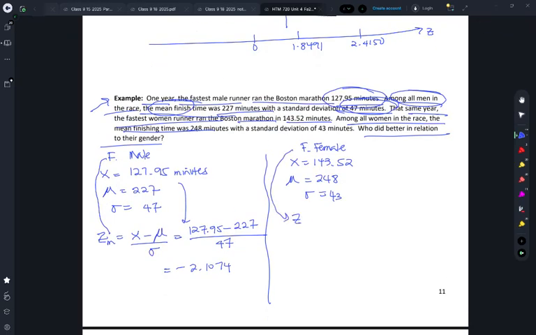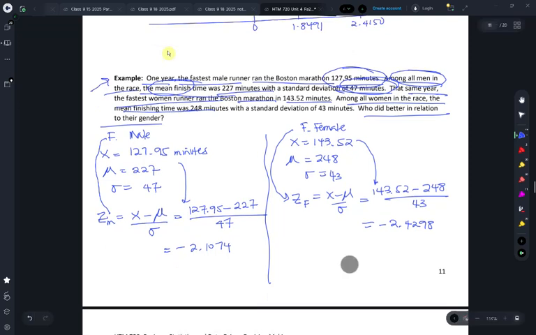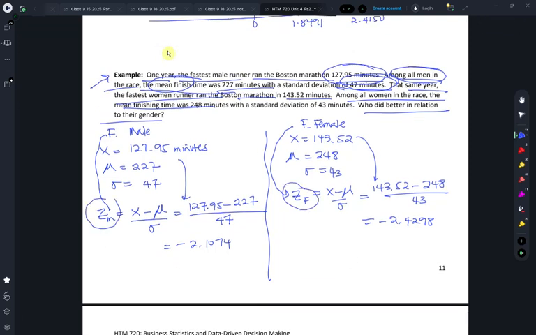To get the z-score for the fastest female runner, we have x minus mu all over the standard deviation. That will be 143.52 minus 248 divided by 43, which is negative 2.4298.